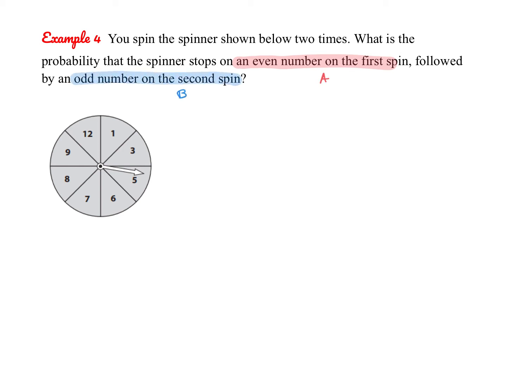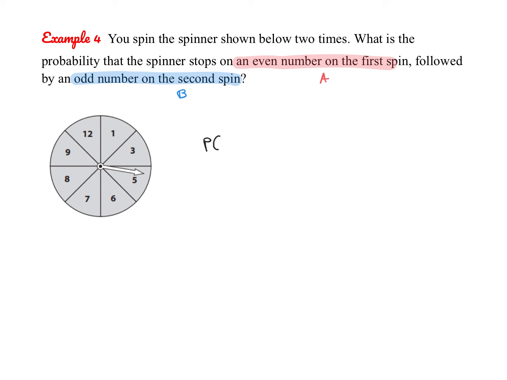In terms of this scenario, these two events are completely independent because whatever I do on the first spin has absolutely no effect on the outcome of my second spin. If I land on an even number the first time, that doesn't mean that I take out those numbers. Whatever number I land on, we don't remove it from the spinner, so every time it's a unique event. What I do first has no effect on what I do second.